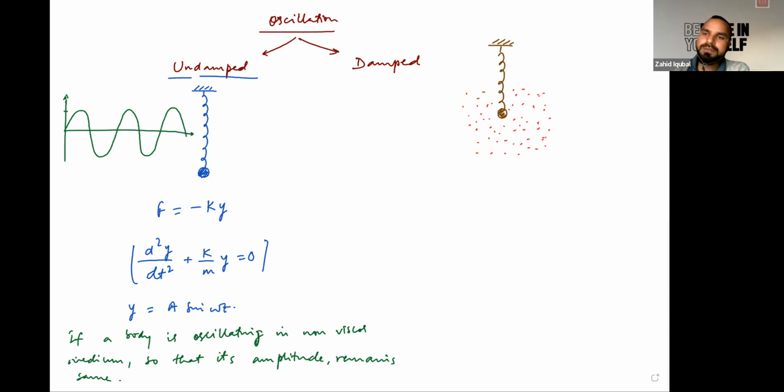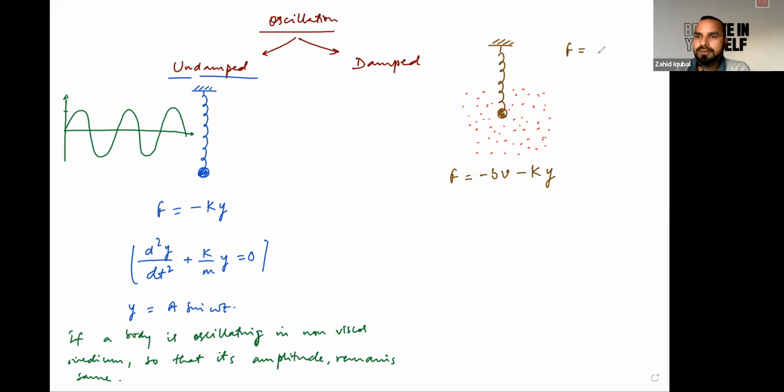So net force experienced by this object in this medium will be, one force due to the viscous medium, which will be minus b times v, and second due to the spring, minus k into y. I had explained you in mechanical properties of fluid.